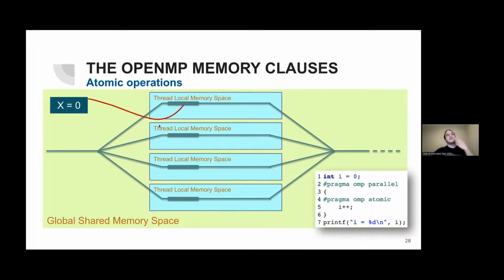So I have an animation here. Thread one is going to read from X, increment it, and then store it, and it's going to change it to 1. Thread 3, in this case, is going to read from X, change it, and then store it, and it's going to make it a 2. So each of those three operations, load, increment, and store, happen without any interruption of any other threads.